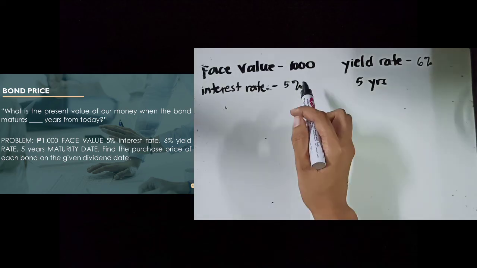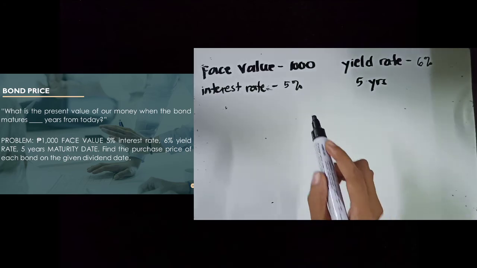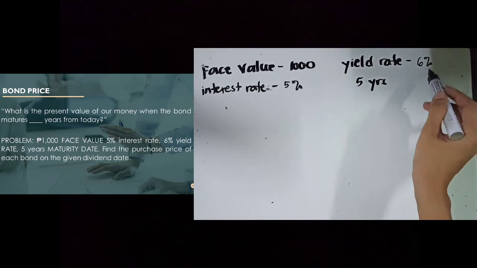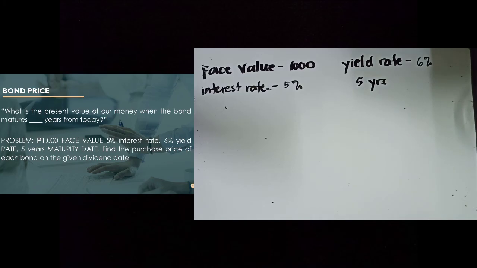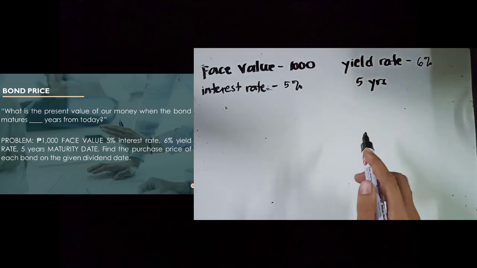Okay, so kung mapapansin nyo, tumaas yung interest rate. From 5% naging 6%. So again, kapag po tumataas ang rate, yung bond price ay bumababa.